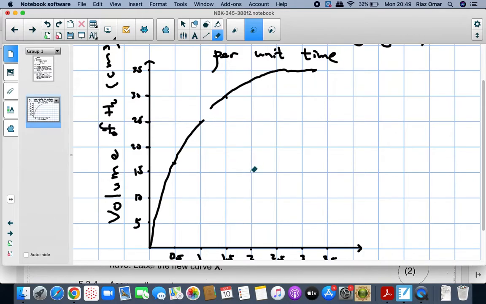Make sure it's a smooth line. We see that this is a straight line when it comes here, right? When it reaches 2.5 and 3, it's a straight line.